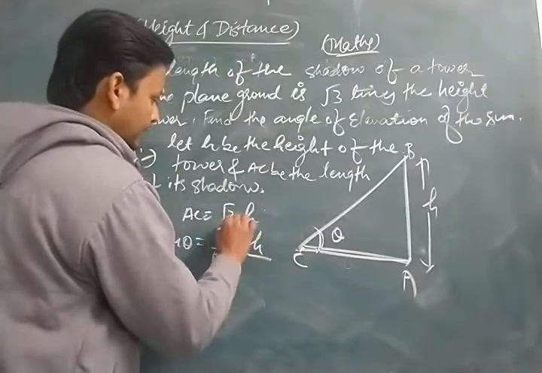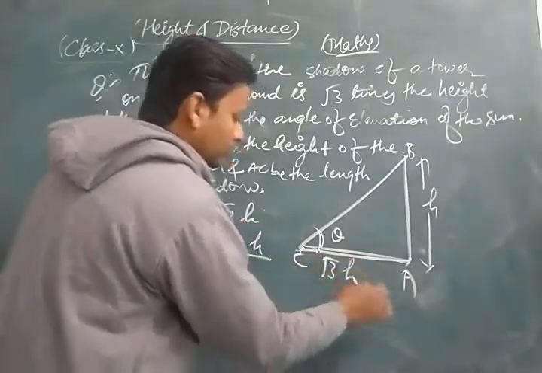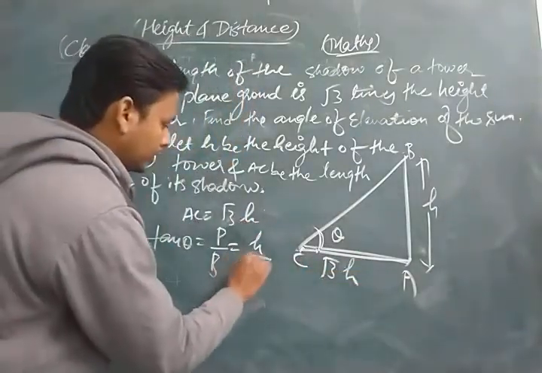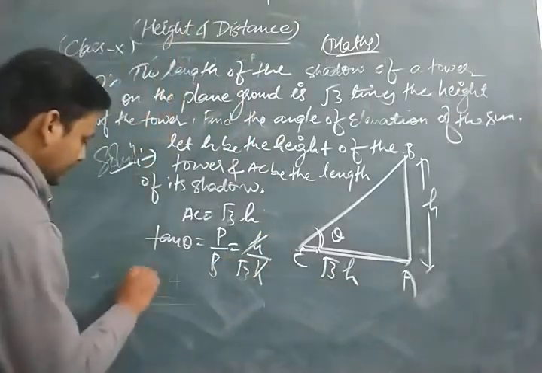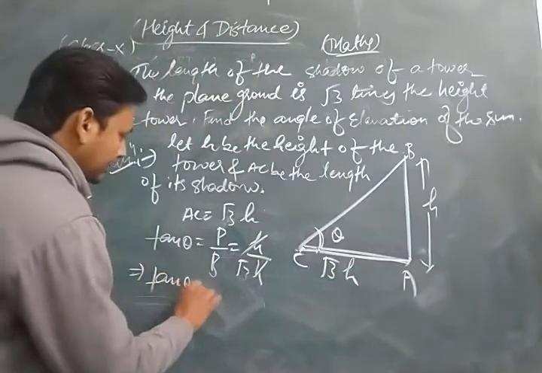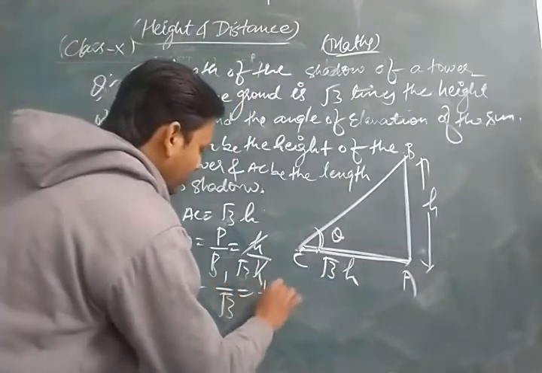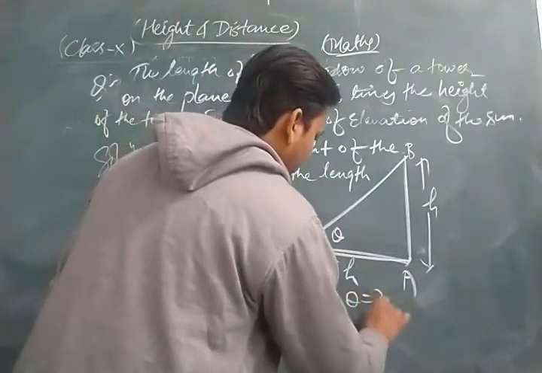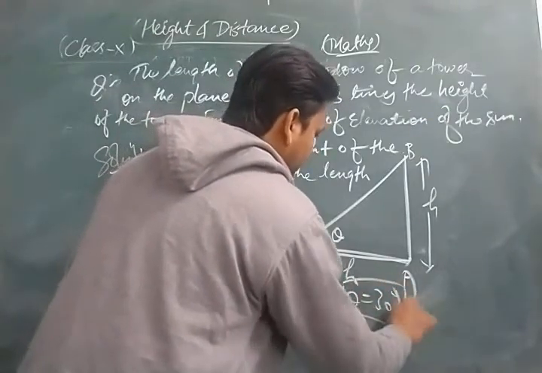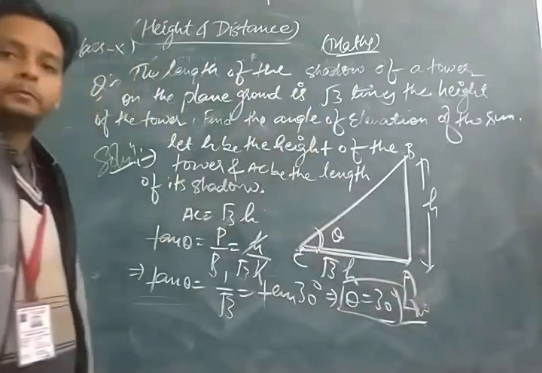Perpendicular is h and base AC is root 3 into h. So h cancels out, and tan theta is equal to 1 upon root 3. This is the value of tan 30 degrees. On comparing both sides, theta will be 30 degrees. So the angle of elevation is 30 degrees.